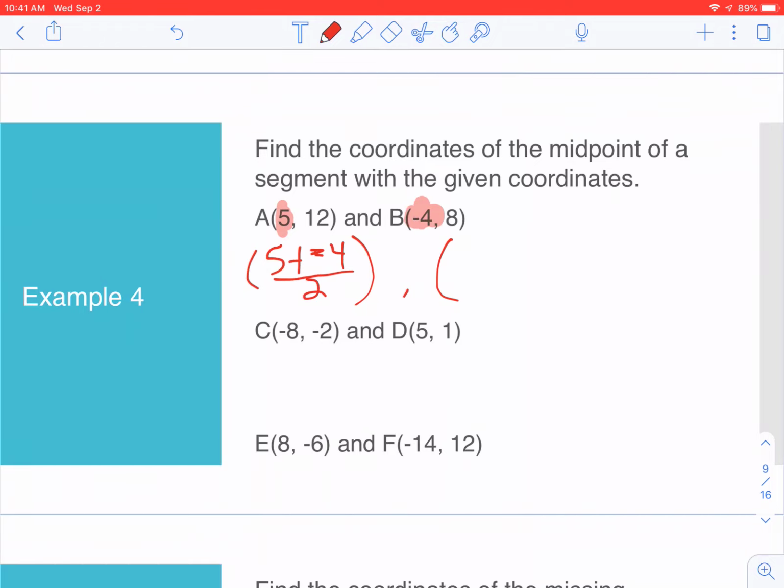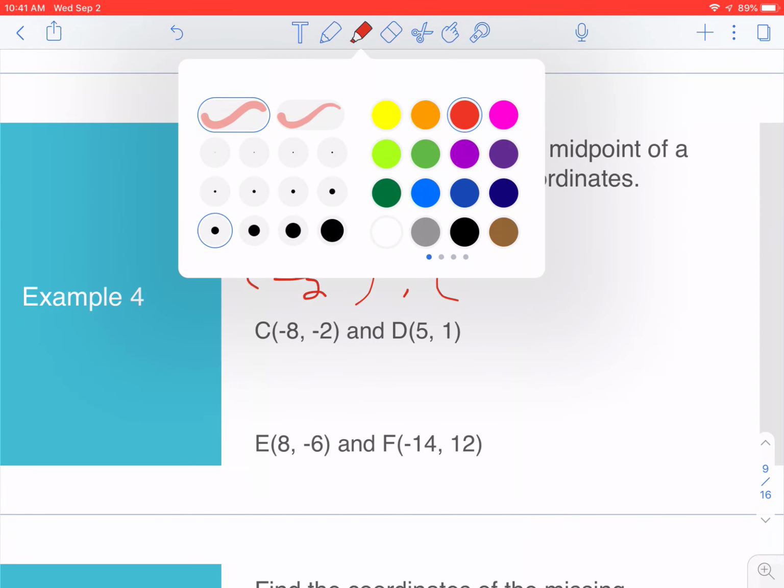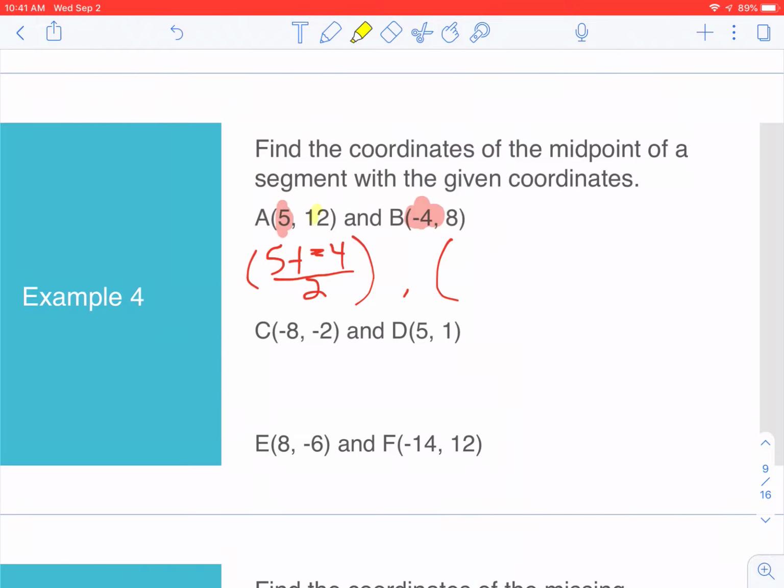And my second point is 12 and 8, so I take 12 plus 8 divided by 2.